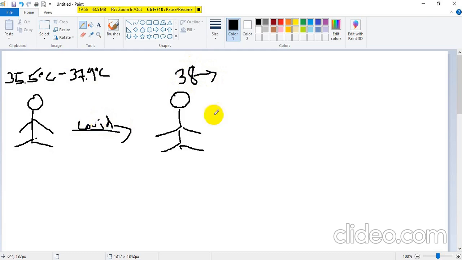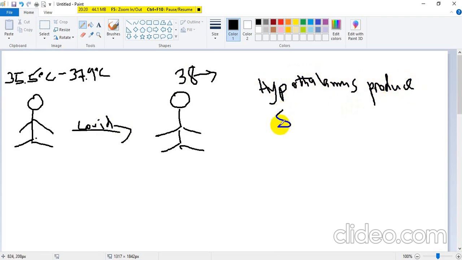So your hypothalamus, which is a part of your brain responsible for regulation of temperature and other things, sleep and other things, will tell your body that no, your temperature is so high, so produce more sweat. Produce more sweat so that there will be what?